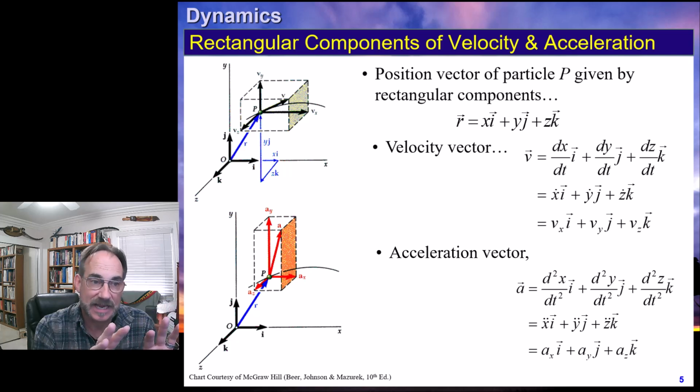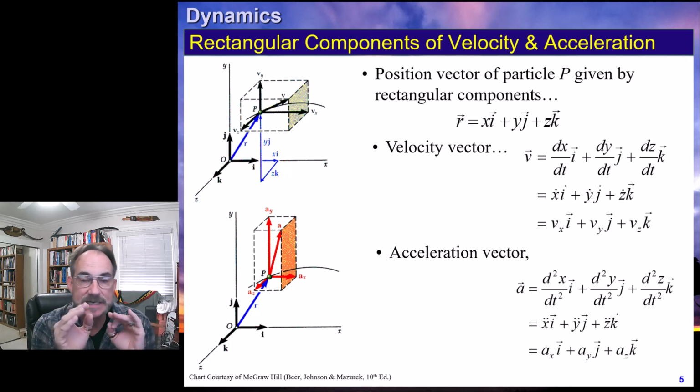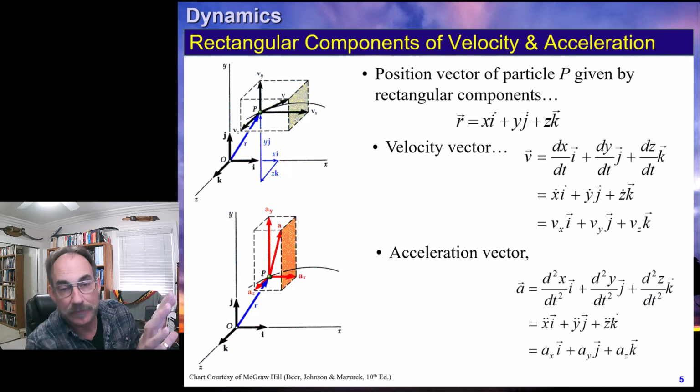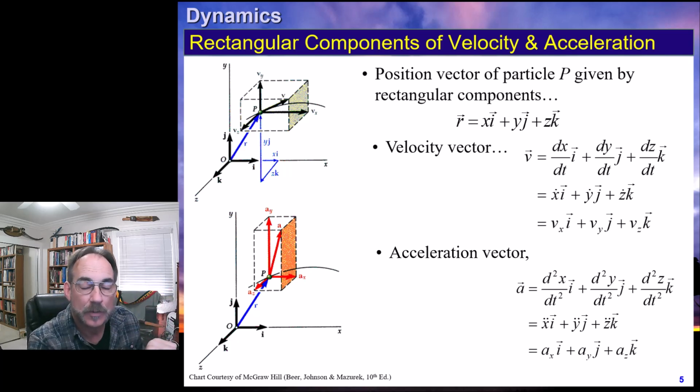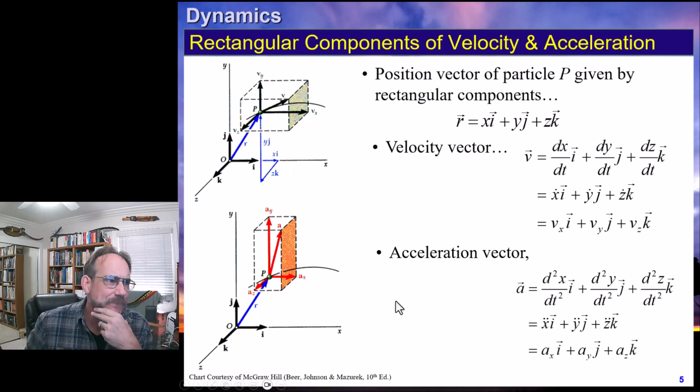And in the same way, we can talk about our acceleration vector, second derivative of the position vector. So anytime we need acceleration, if we know what the velocity is as a vector quantity, we can just take the derivative with respect to time and we have the acceleration. Or we can take the position vector of the original point, differentiate, that gives us velocity, differentiate, that gives us acceleration. And these are the different ways we can write those. You got that? Okay.